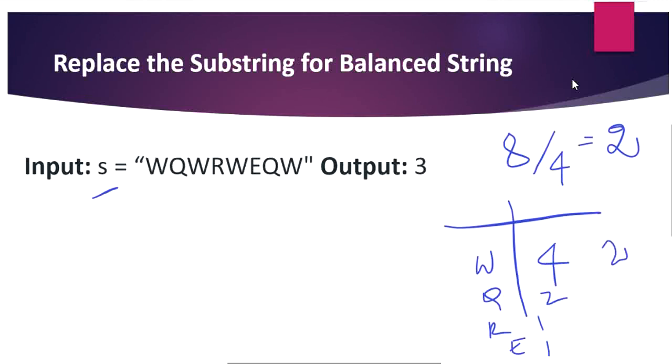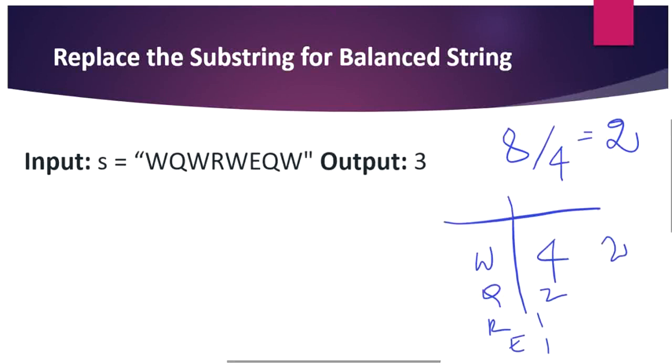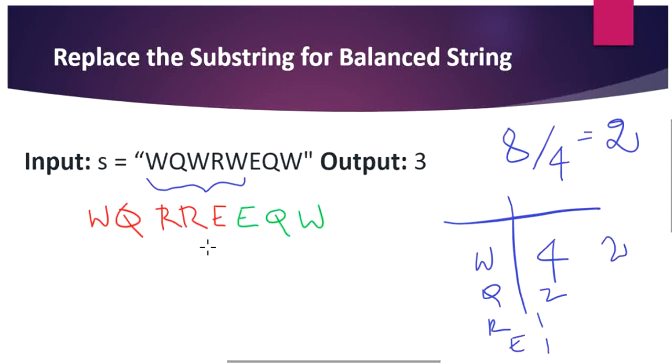So let's see what all the possible solutions for this problem are and then decide which one is optimal. First, let's try updating the first substring, starting from W to W. This can be updated like this, and the rest of the characters stay the same: E, Q, W. We just replace the first 5 characters so that now our string is balanced, that is, we have 2 Rs, 2 Es, 2 Qs and 2 Ws.